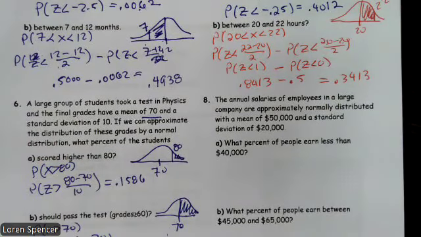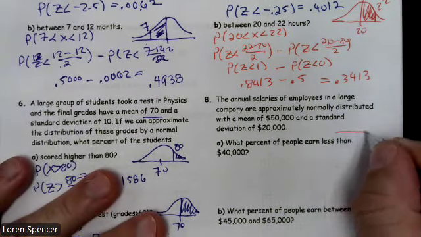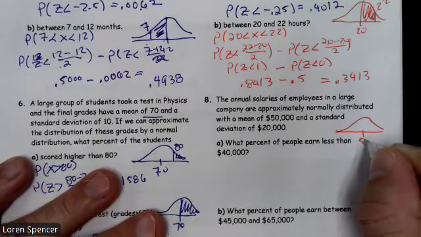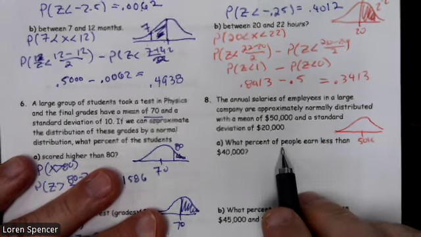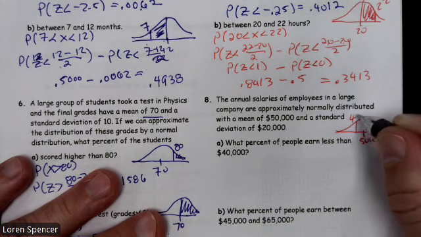All right. The annual salaries of employees in a large company are approximately normal with a mean of 50,000 and a standard deviation of 20,000. I'm just going to abbreviate 50K. What's the percent of the people who earn less than 40K? All right, so 40K is here.